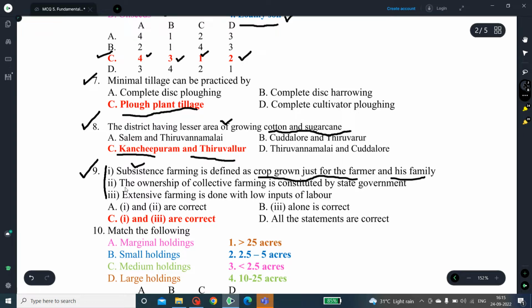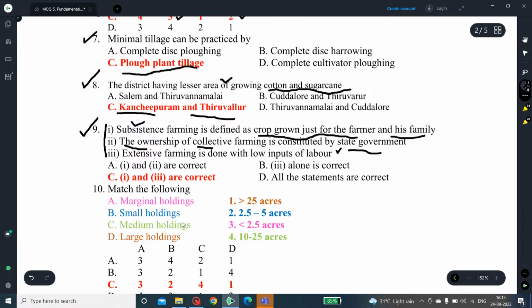Statement 2: the ownership of collective farming is constituted by the state government. Statement 3: extensive farming is done with low inputs of labor. Among the 3 statements, statements 1 and 3 are correct, and statement 2 is the wrong statement.